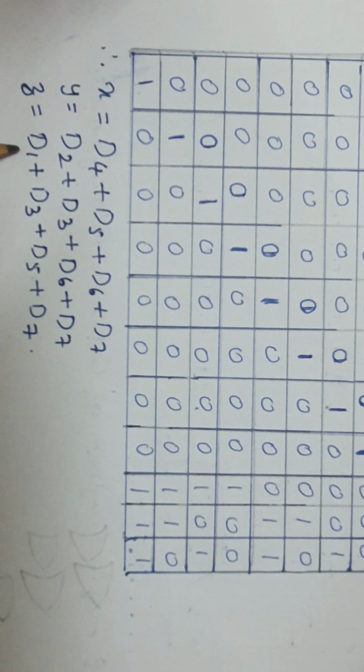Hence Z equals D1 or D3 or D5 or D7. Seeing these expressions, or Boolean equations, derived for X, Y and Z from the truth table, we have to draw the logic circuit for the octal to binary encoder.